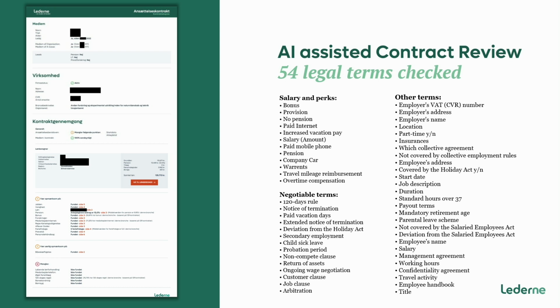It's a BERT model, which, thank you, Google, for open sourcing that. And it checks 54 legal terms in the contract. First, the contract is OCR scanned, then it's fed into the model, and the model checks for all these terms that our legal team has deemed that they really would like to know if they are in the contract.